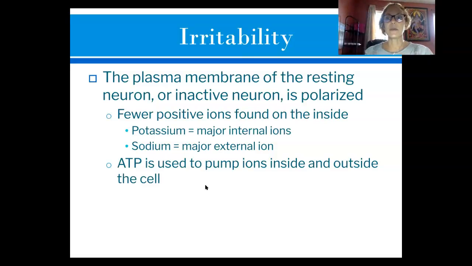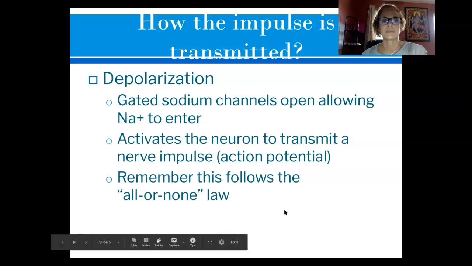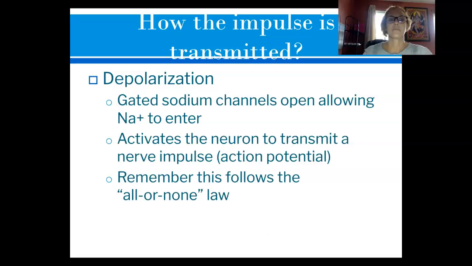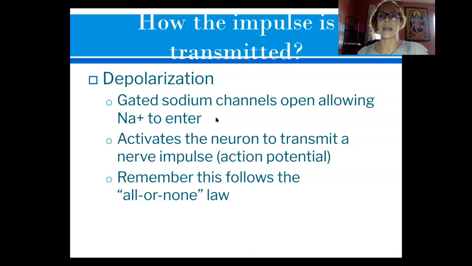So we need to know the resting state if we're going to be able to talk about the switch. We use ATP after sodium has diffused in, to kick it back out. Potassium will have diffused out and we have to kick it back in. So that requires the sodium potassium pump. So when the sodium rushes in, there's an influx of sodium, you would say, that inside becomes more positive and now it's depolarized.